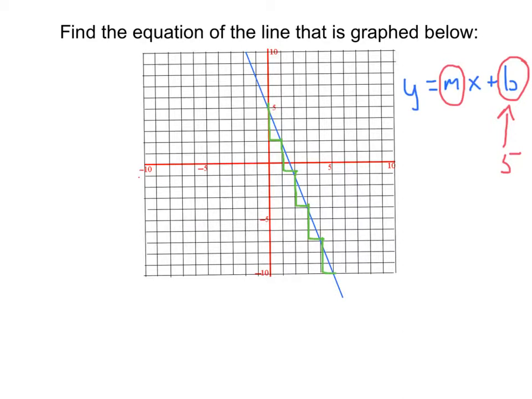So the slope should be -3 over 1. So when we write this equation down, the answer would be y equals -3x plus 5.